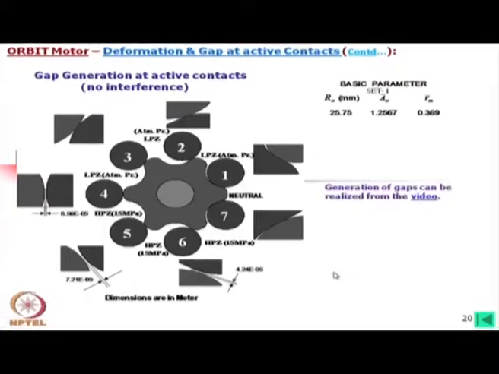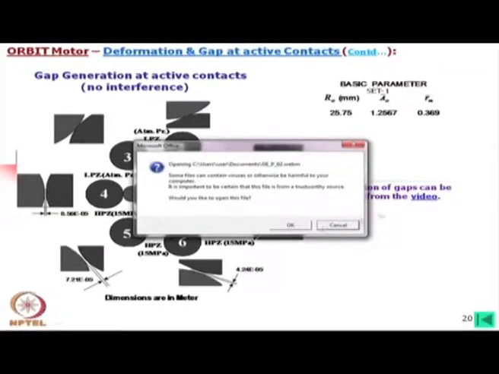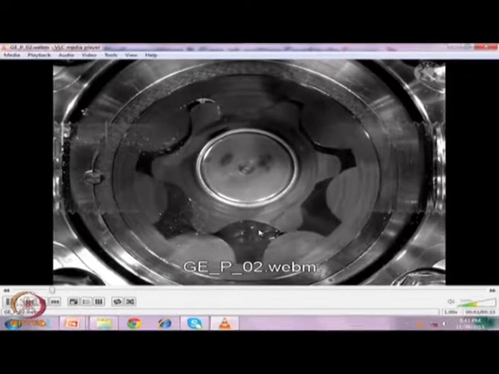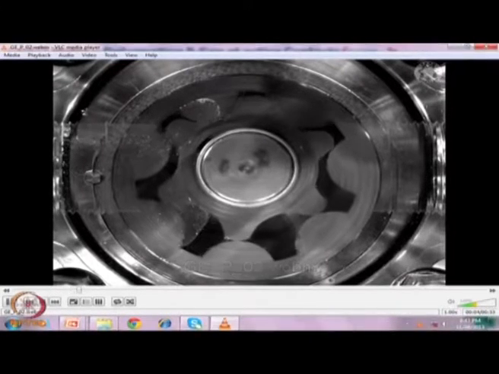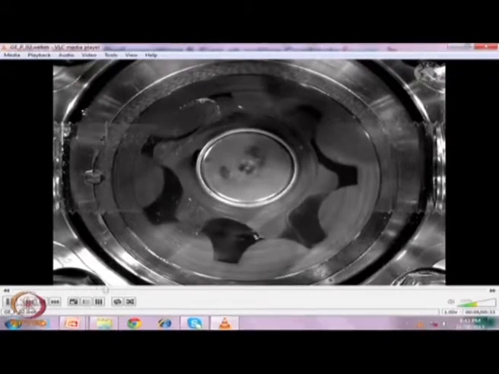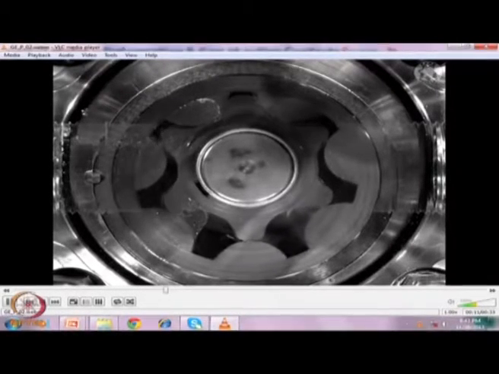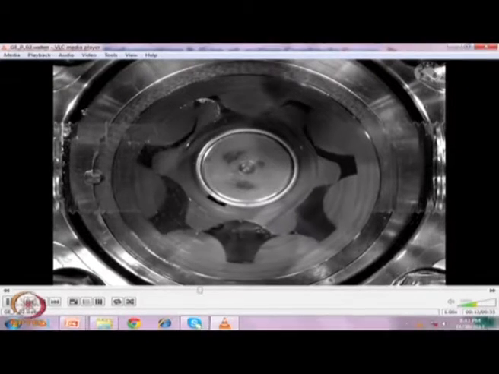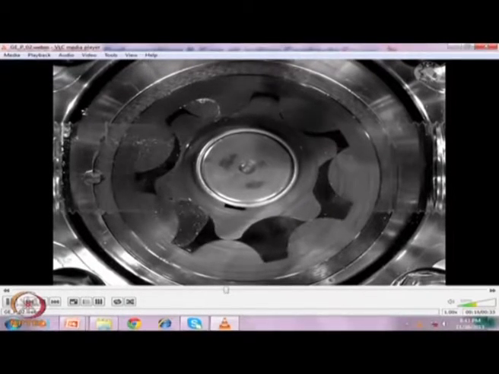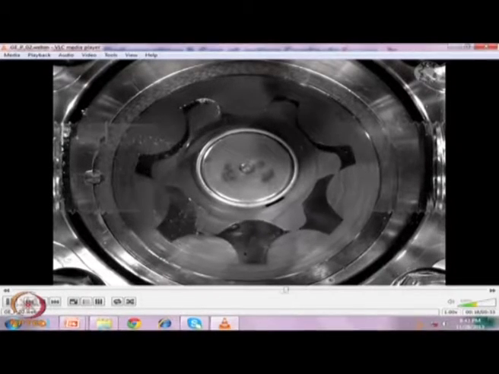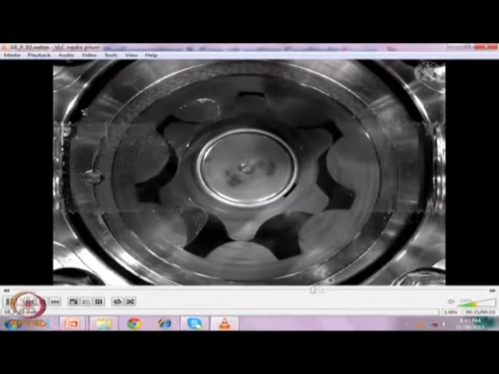Now, this also can be realized from these machines. This is obviously not an orbit motor, but a zero torque machine. I recently visited the Technical University of Wrocław.